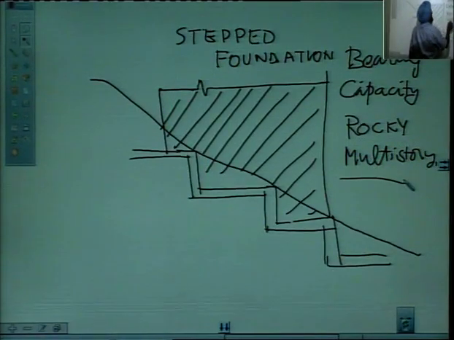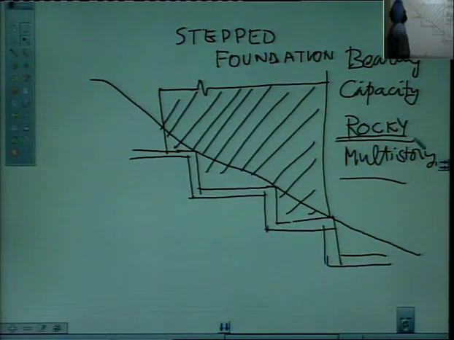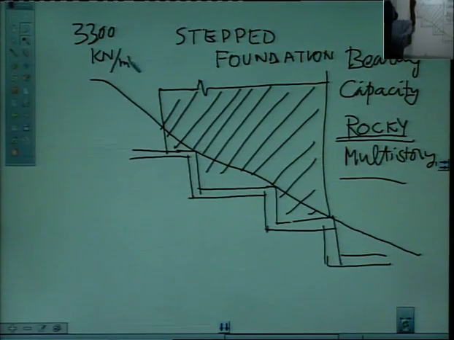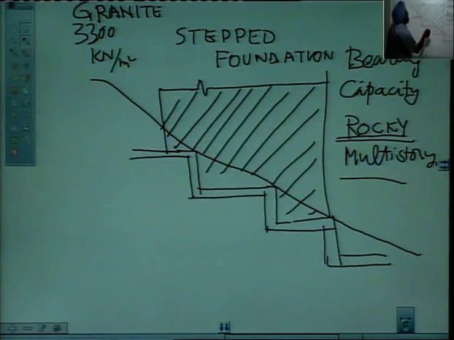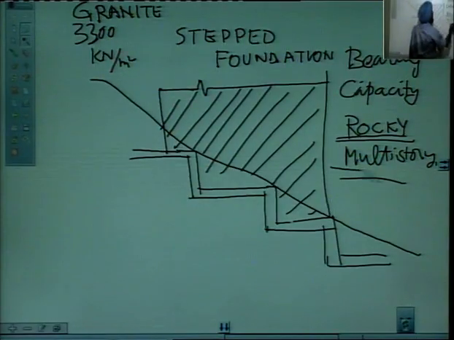So, most of the multi-story buildings are coming where the rocky strata is underneath, having very good bearing capacity to the tune of 3300 kilonewton per square meter, granite. So, this is a God's gift where you are having rocky strata and God is great. We can construct multi-story only where this rocky strata is there.